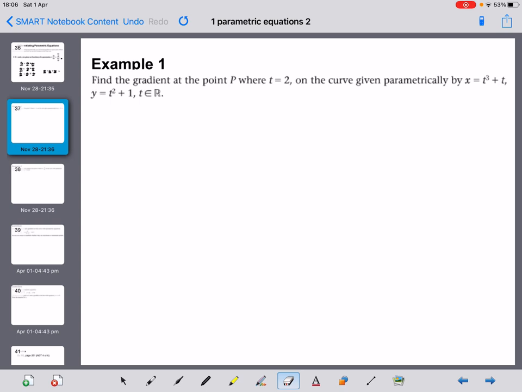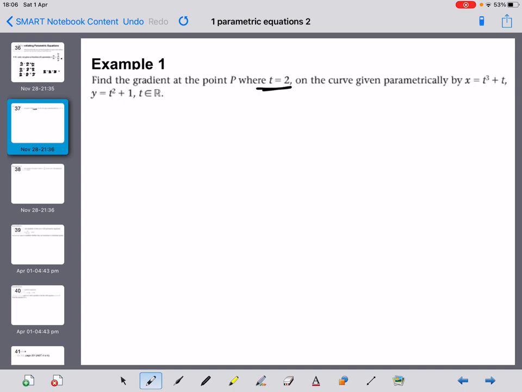Example 1: find the gradient at the point P where t equals 2 on the curve given parametrically by those two. Okay, so this is an easy question. We've got two parametric equations, and we want to find the gradient at the point where t equals 2.